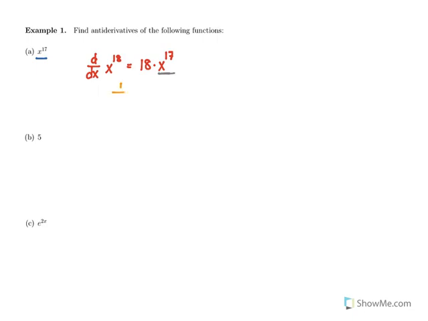So to get rid of that, we can divide by the 18 and do 1 over 18 x to the 18th, and that is an antiderivative of x to the 17th. And in fact, 1 over 18 x to the 18th plus c for any constant c is an antiderivative here.